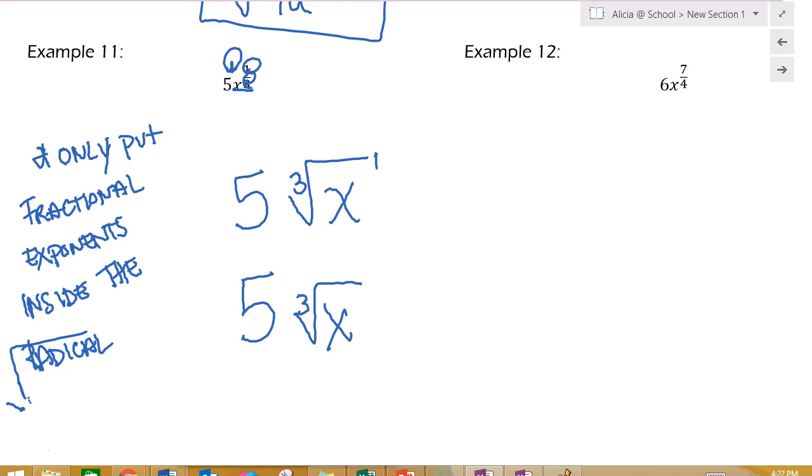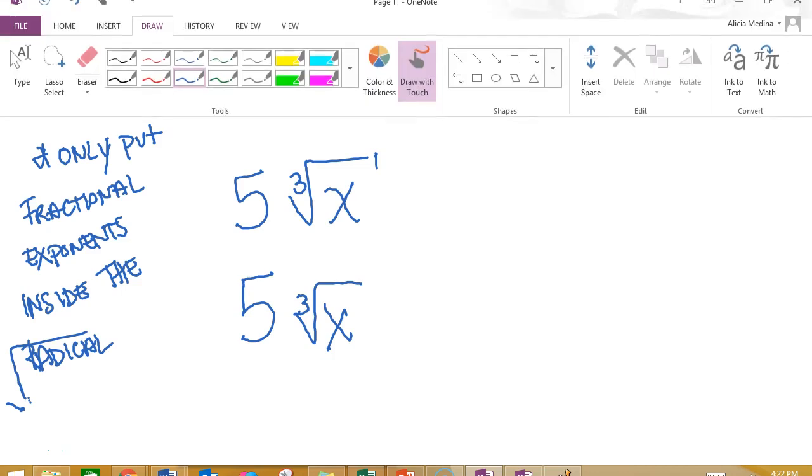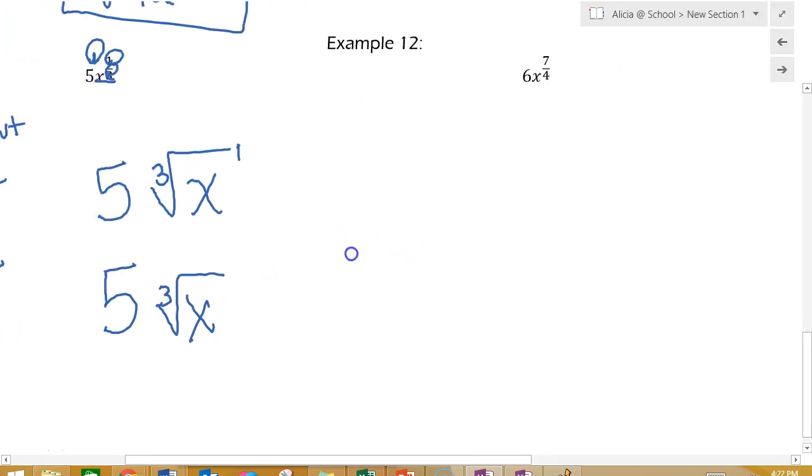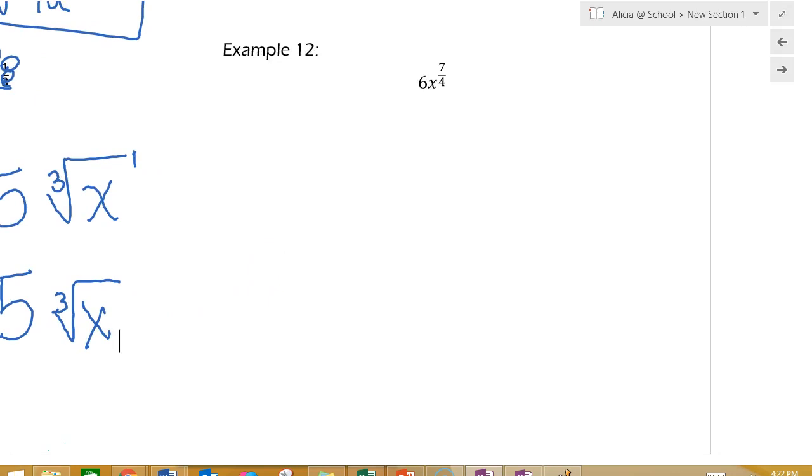Likewise here, for example number 12, you still need to keep in mind only rewriting the terms that have a fractional exponent. We noticed the same thing as the previous example, that 6 has a power of 1. That 1 is not a fraction. So when I have my radical symbol, I need to make sure that that 6 is its own whole number in front of the radical sign, right?